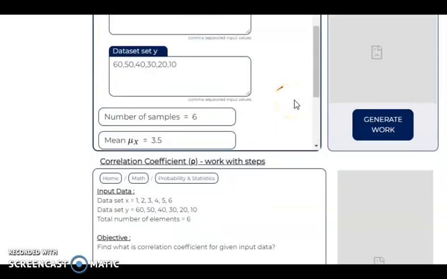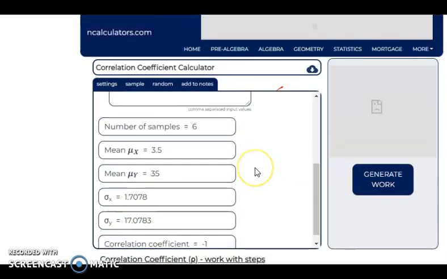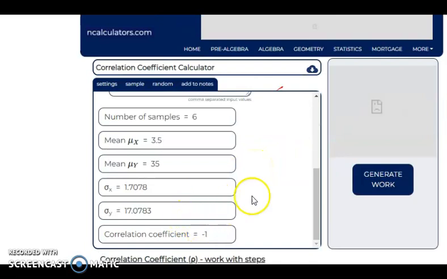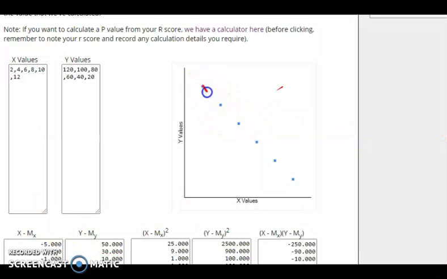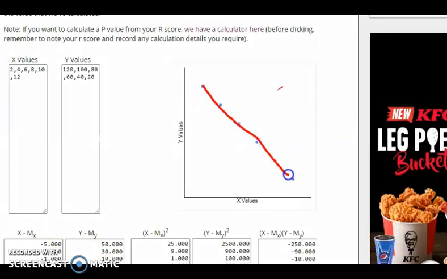If I calculate this, I get the value of -1, which shows the strong negative correlation. If I take some other values in the same consecutive manner, I get a graph like this. See, it is linearly decreasing, which shows the strong negative correlation.